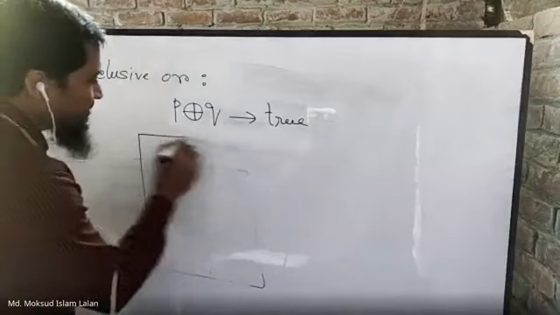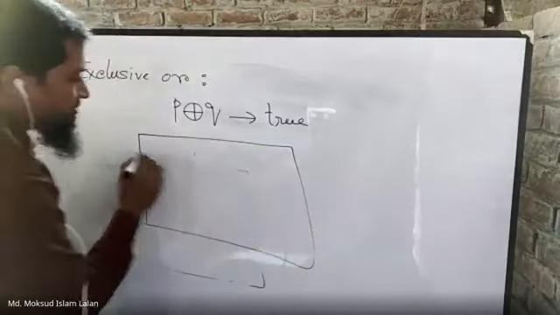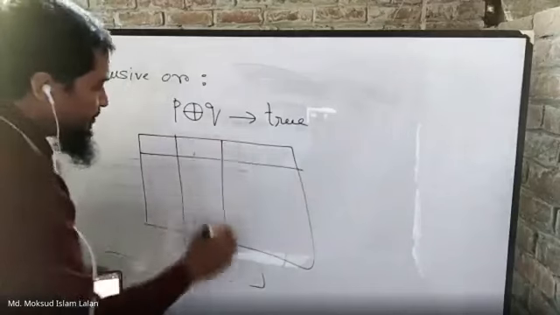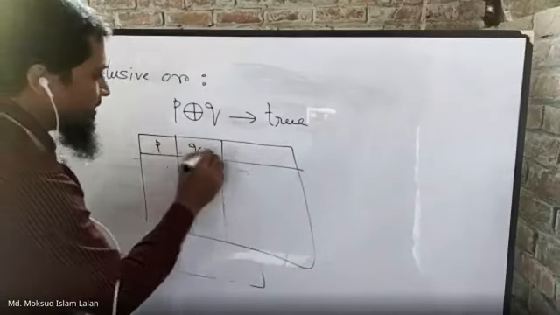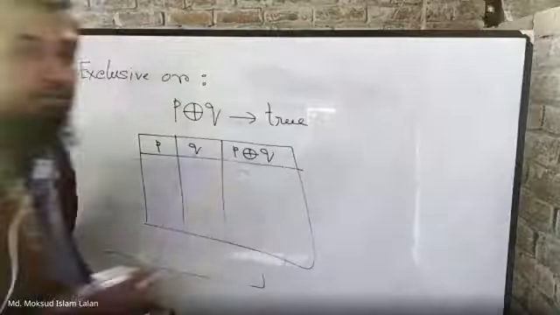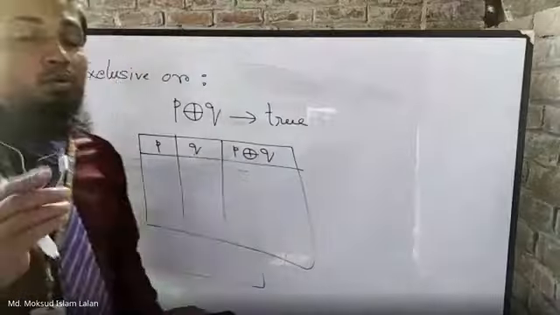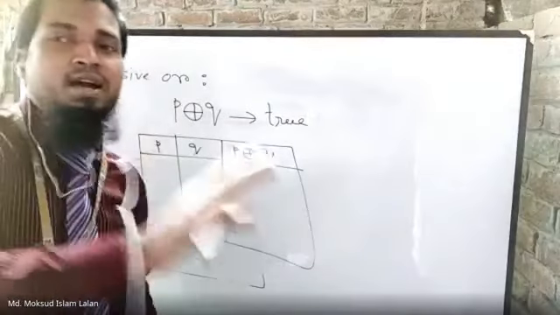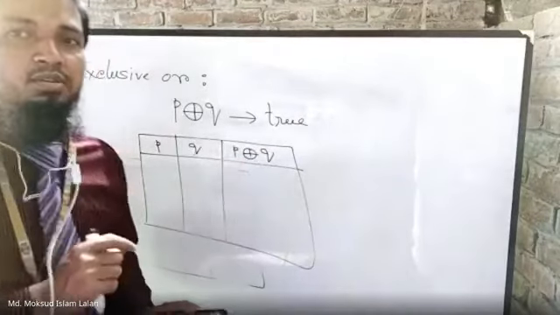As for example, according to the definition, if you draw the truth table between these two propositions P and Q. When both are true, that we have already covered as a conjunction, right, Munna? Yes, sir.